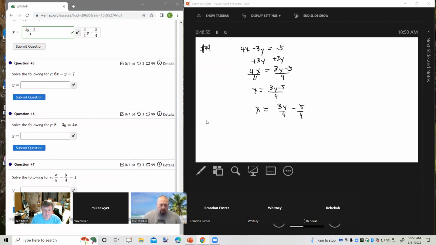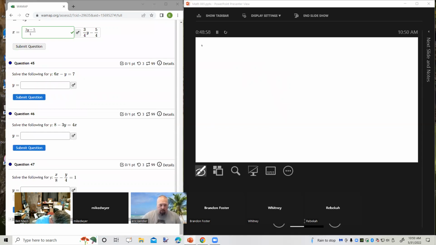Let's see here. Solve the following for y. 6x minus y equals 7. Let's see. I'm going to subtract 6x from both sides. So I get negative y equals negative 6x plus 7. Well, then I'm going to divide everybody by negative 1.